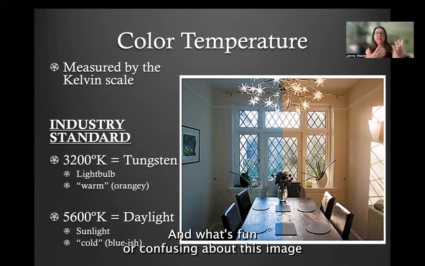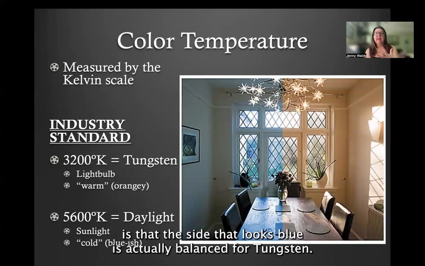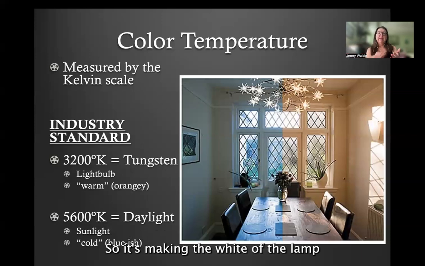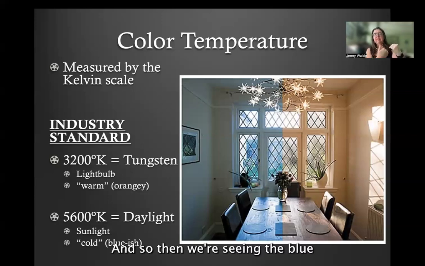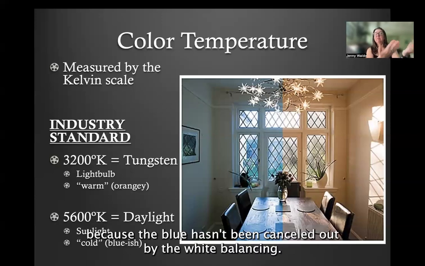What's fun or confusing about this image is that the side that looks blue is actually balanced for tungsten. So it's making the white of the lamp register as white to the camera. And then we're seeing the blue because the blue hasn't been canceled out by the white balancing.